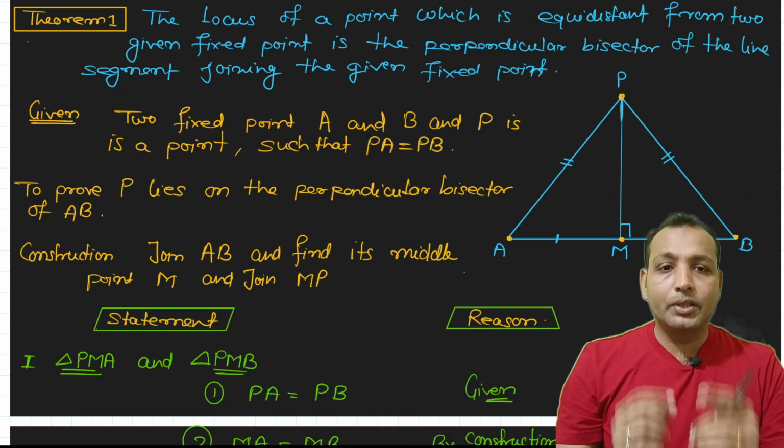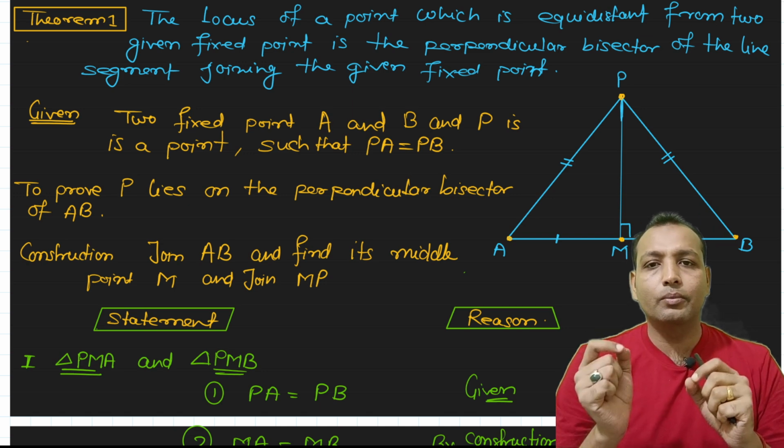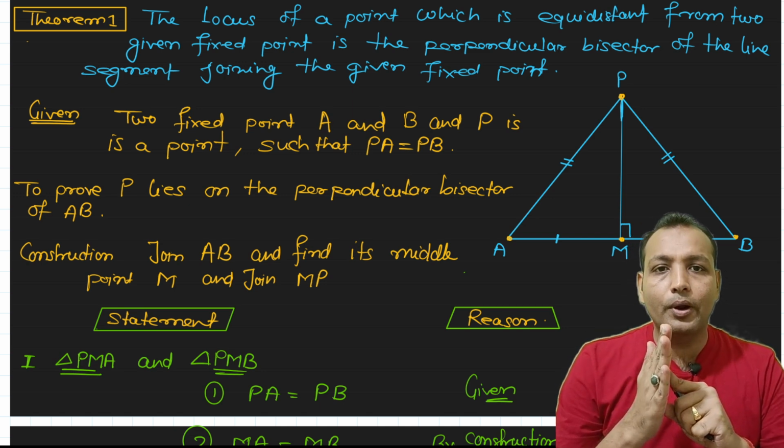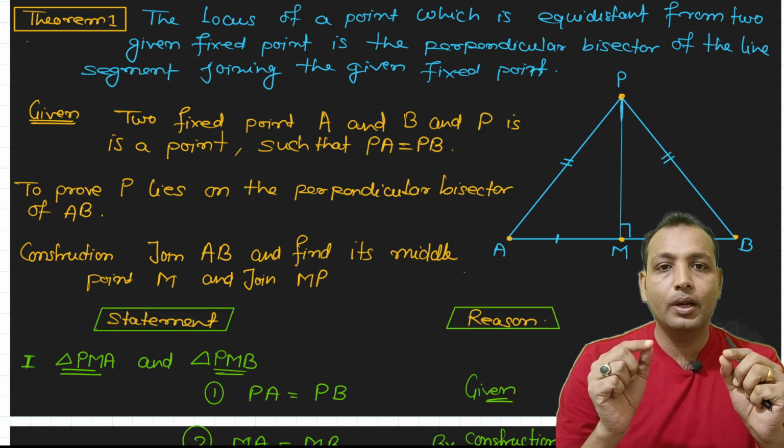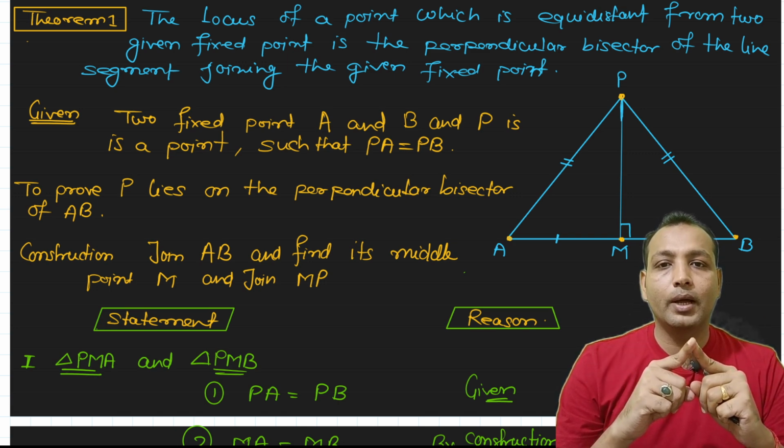Now we'll discuss the first theorem. The locus of a point which is equidistant from two given fixed points is the perpendicular bisector of the line segment joining them.